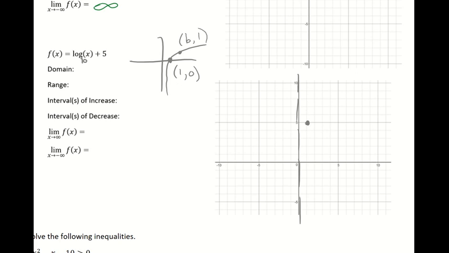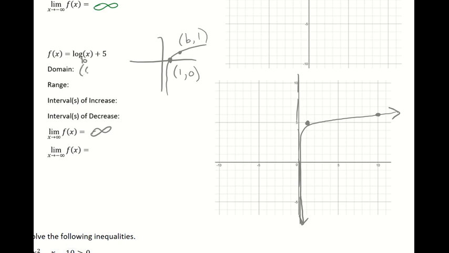Instead of the point 10, 1, we have the point 10, 6. And then we know that our logarithmic functions just kind of get very close to the asymptote and slowly increase towards infinity as x approaches infinity. So as x approaches infinity, our limit is infinity.